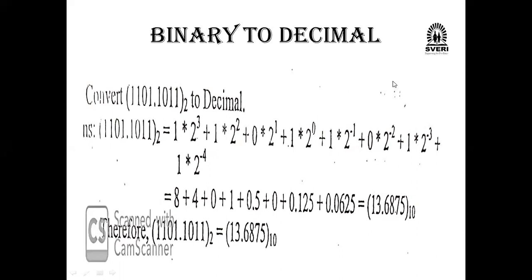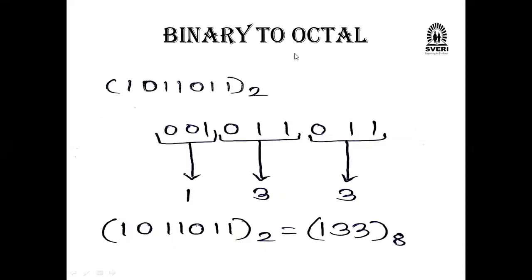Okay. Next, we will go for the next one, binary to the octal number here now. For the octal number we use 2 to the power of 3. Which number is it? Binary number is there here. How many numbers does octal have? 8 numbers. Octal numbers means 8 numbers.